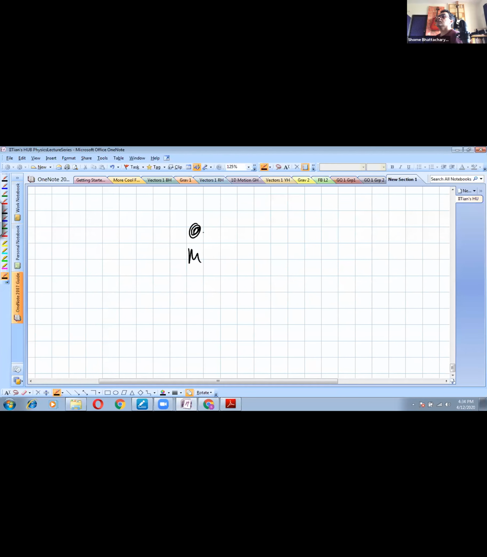My capital M has a momentum like this, so the momentum of the wedge is just M VW i cap. But now let's talk about the particle. What about the person's momentum?